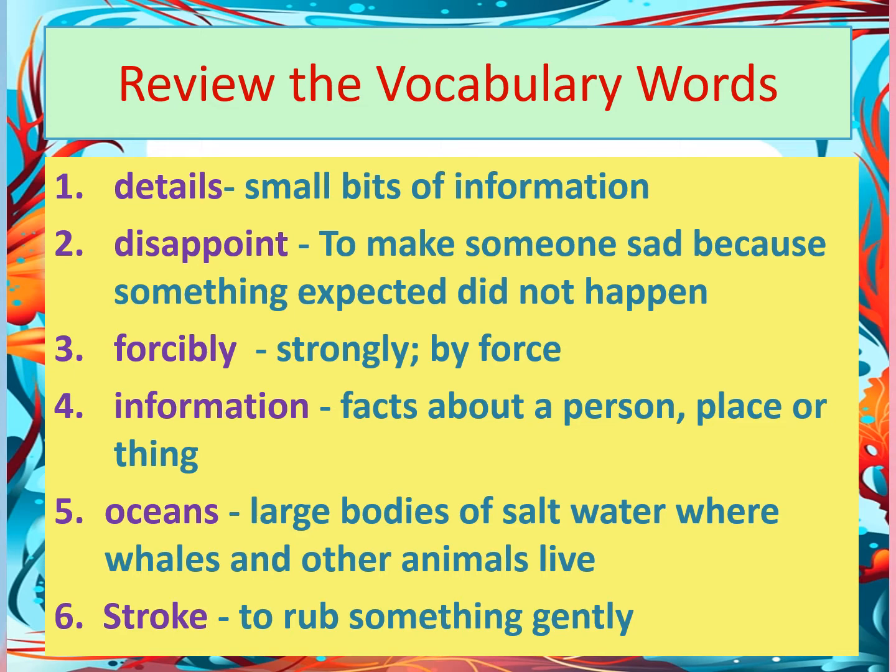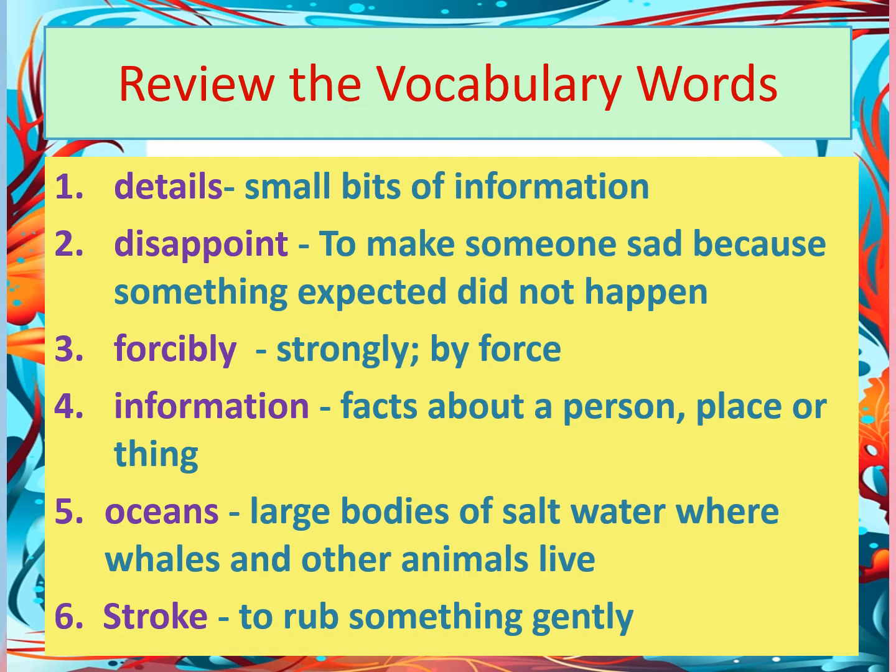Forcibly, forcibly, strongly, by force. Information, information, facts about a person, place, or thing. Oceans, oceans, large bodies of salt water where whales and other animals live. Stroke, stroke, to rub something gently.